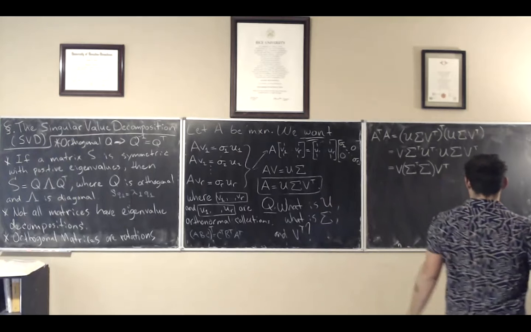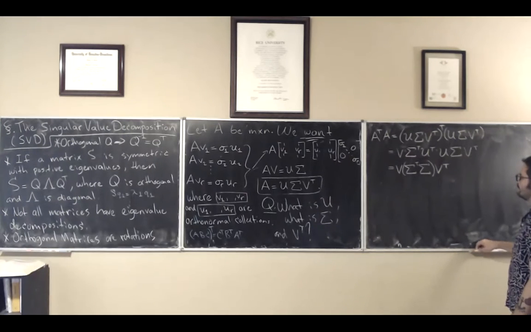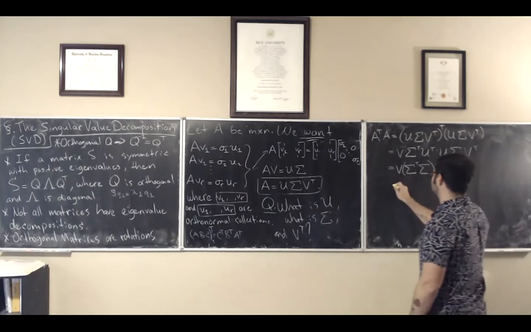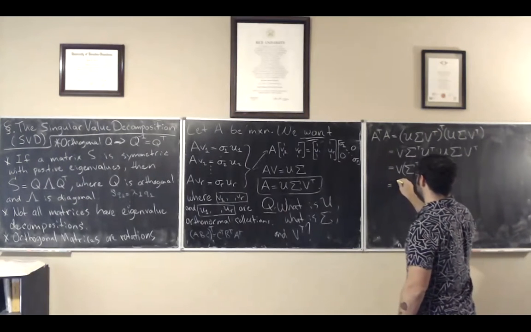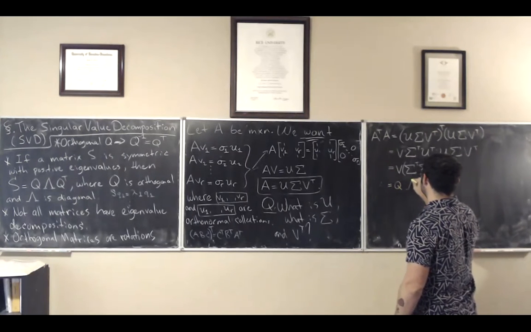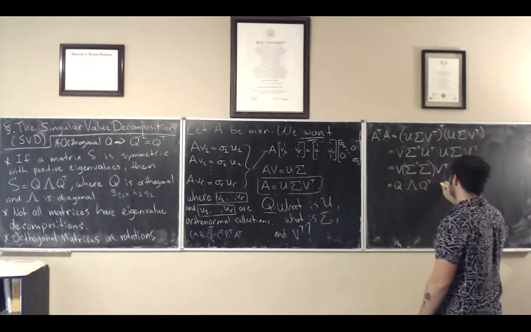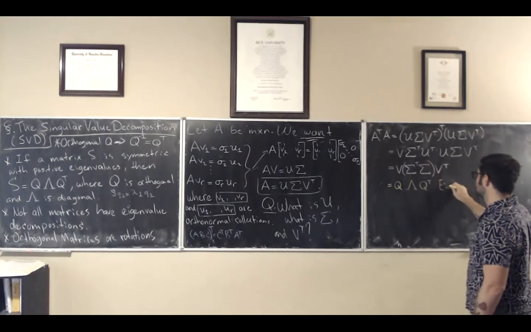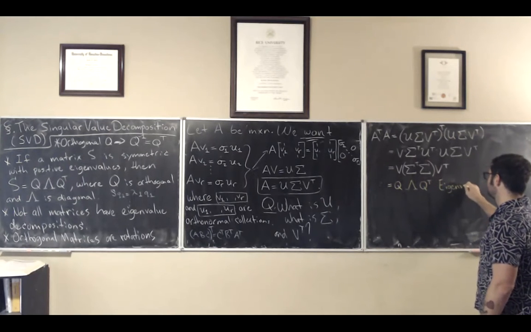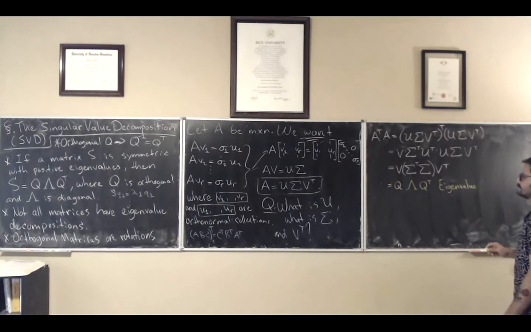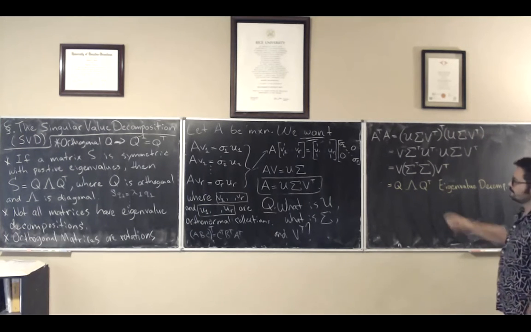And we just learned that this can be thought of like Q lambda Q transpose, the eigenvalue decomposition, or eigenvalue diagonalization. I call it decomposition. So look, we can match it up.